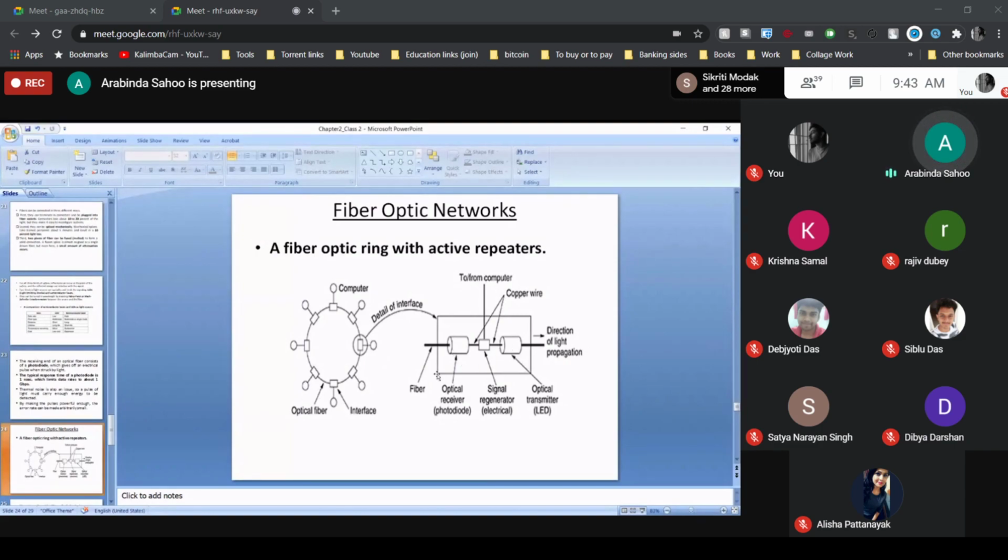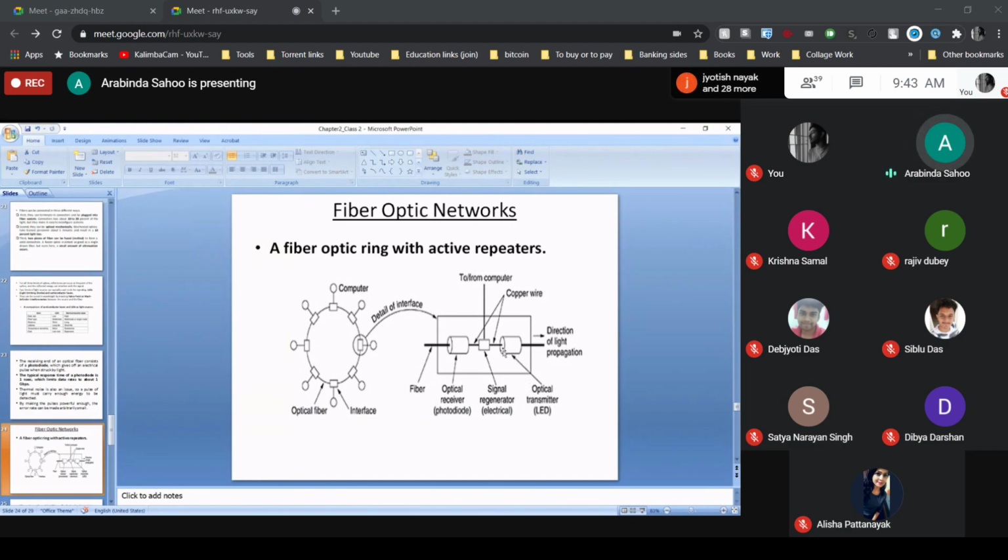Simply draw this diagram. It consists of your optical fiber, and it passes through your optical receiver or photodiode, then your signal regenerator, through which the computer or any computing device is connected. Then through the copper wire, it is connected to your optical transmitter.